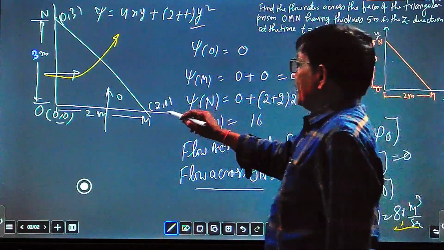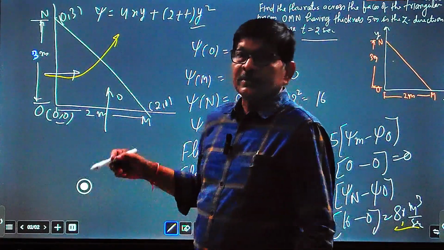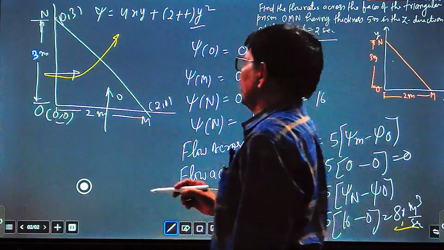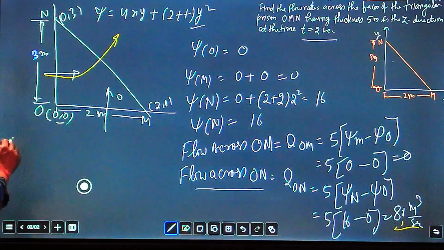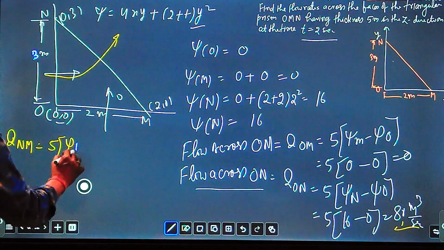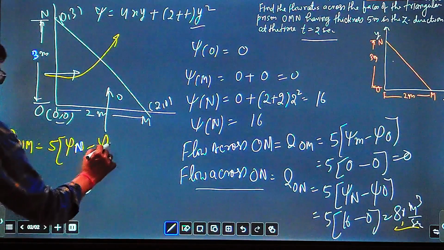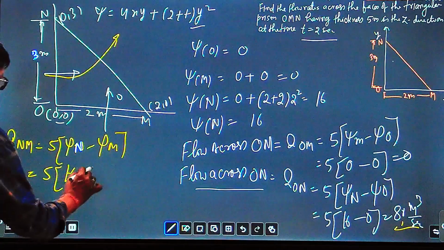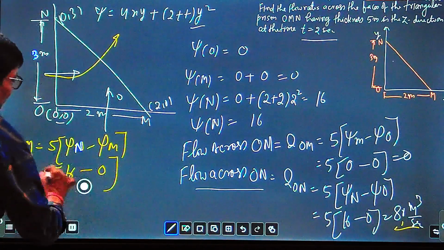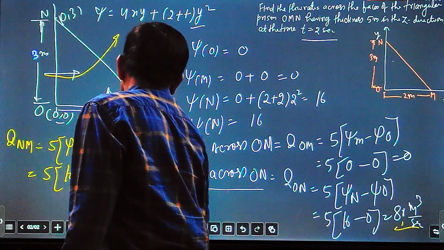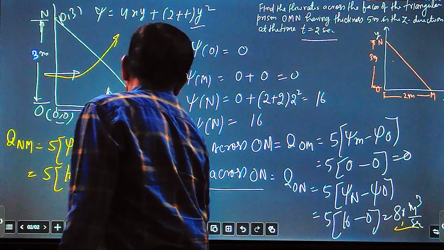So flow across MN will be the same as flow across ON. You can simply find across NM equal to 5 (psi N minus psi M), that is equal to 5 (16 minus 0), equal to 80 meter cube per second.